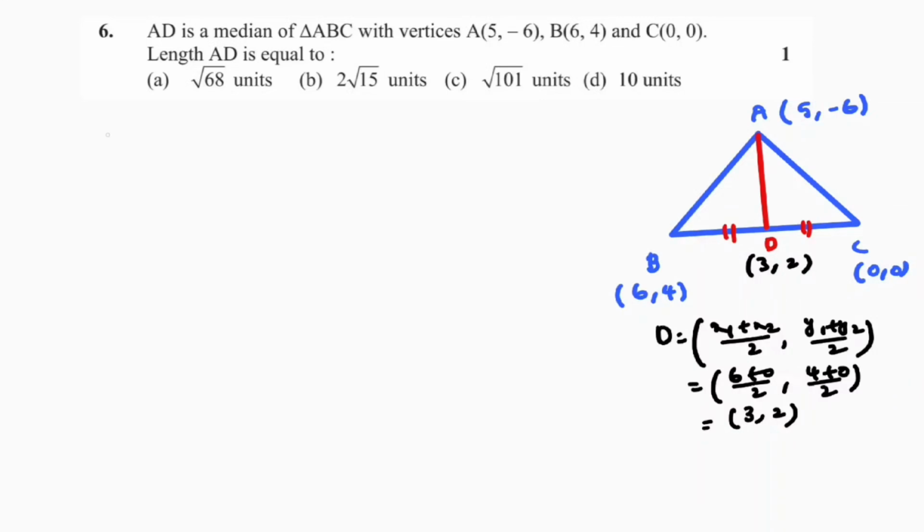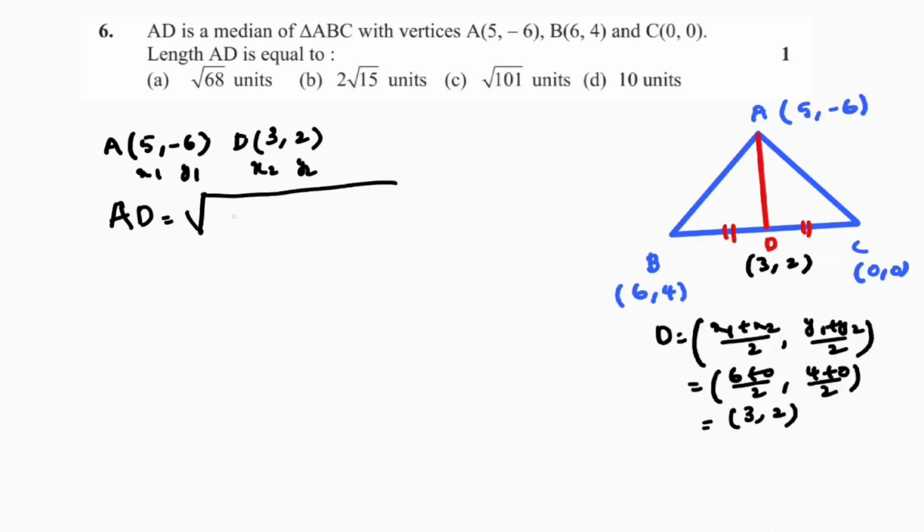Now I need to find the length of AD. So A is 5, minus 6, and D, just now I got it, that is 3, 2. So x1, y1, x2, y2. So AD distance formula is under root x2 minus x1 whole square plus y2 minus y1 whole square.